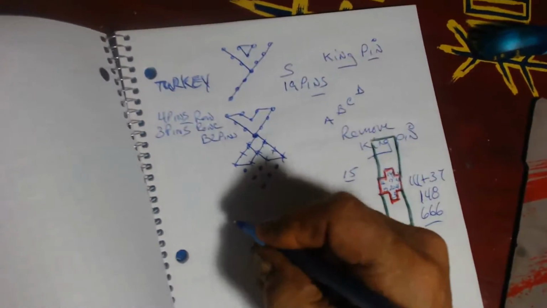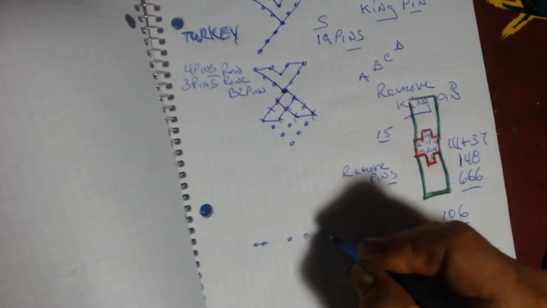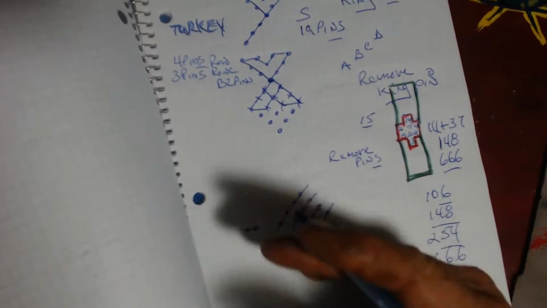Now, you can also look at this another way. Hold on a second. That's not it. You can also look at it another way. You can say, I got 4, I got 3, I got 2, and I got 1. That's another way we can do it.